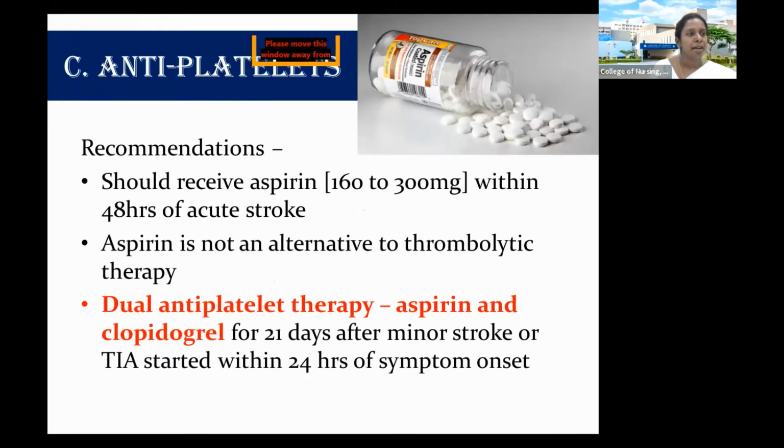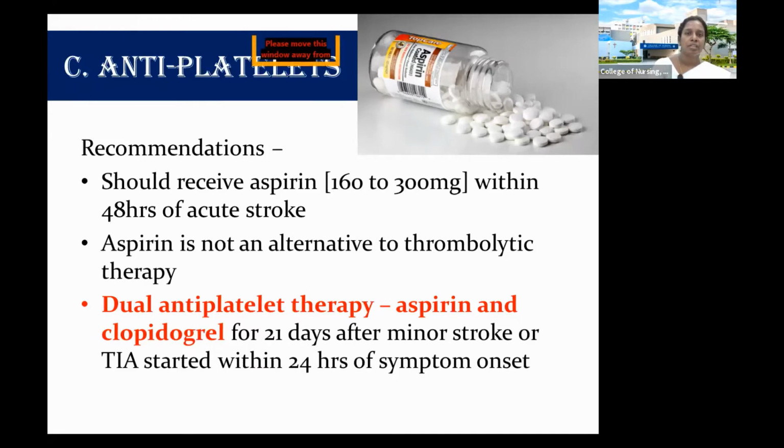But when it comes to antiplatelets, patients should receive aspirin within 48 hours of an acute stroke. That is again after RTPA administration, but aspirin is not an alternative to thrombolytic therapy. They advise dual antiplatelet therapy with aspirin and clopidogrel for 21 days after a minor stroke or TIA.